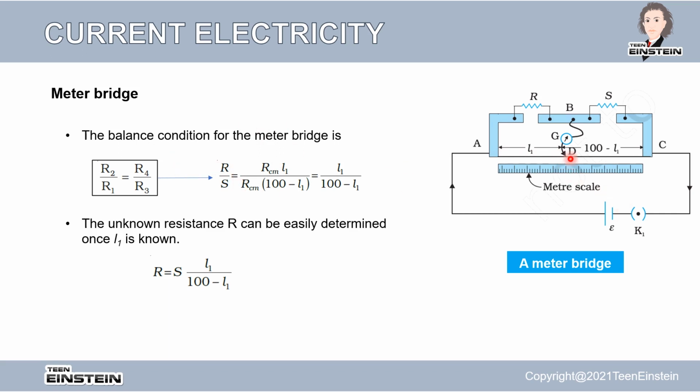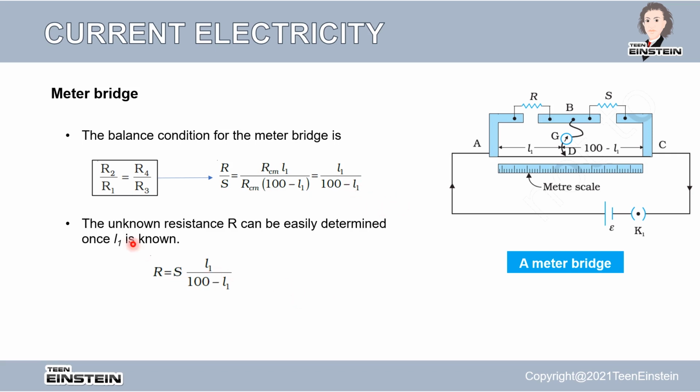Then RCM multiplied by 100 minus L1 will give you the remaining resistance. So then R4 and R3 are replaced by RCM L1 by RCM 100 minus L1. So if you simplify this, RCM gets cancelled. So you get L1 by 100 minus L1.